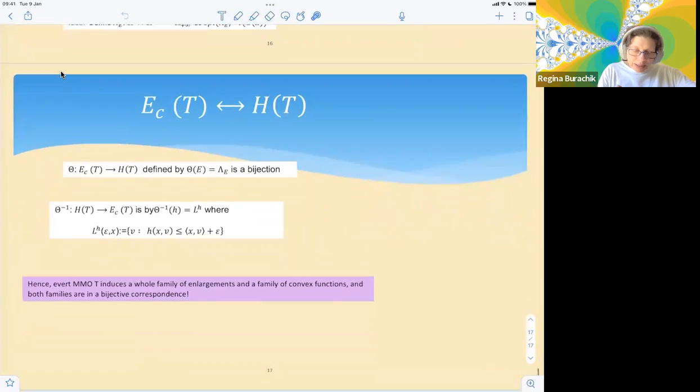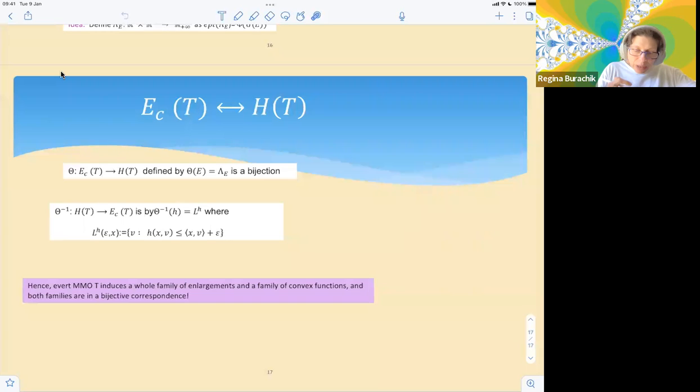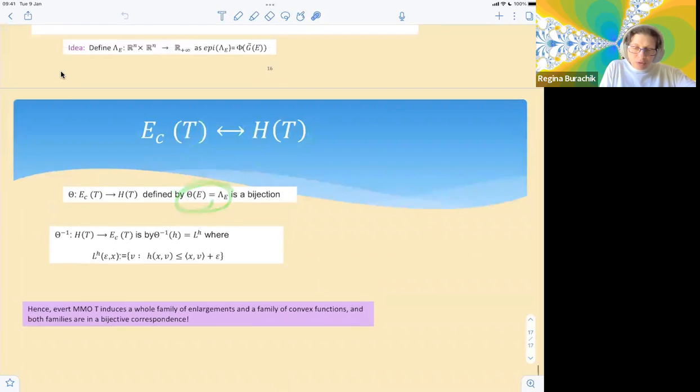And this is the last thing I wanted to show you. There is a bijective correspondence between every closed enlargement of T and every function in the Fitzpatrick family by this bijection. So this is the bijection I just showed you before, the unique convex function whose epigraph is given by this map.